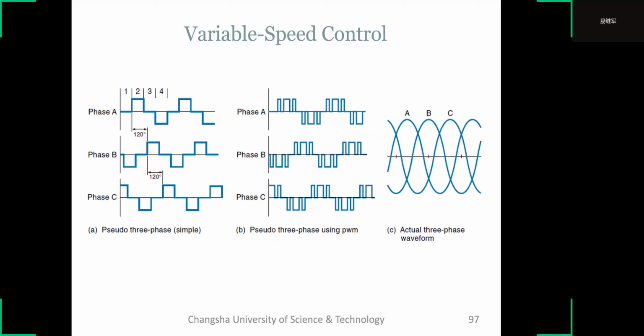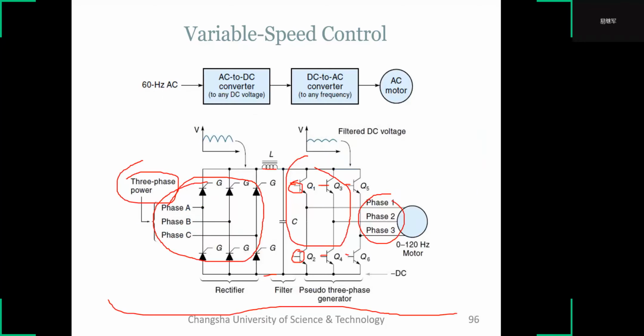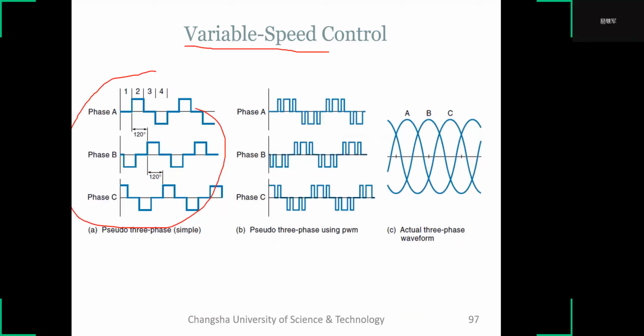This is the output from the variable speed control. We call it pseudo 3-phase because the wave is not sinusoidal.